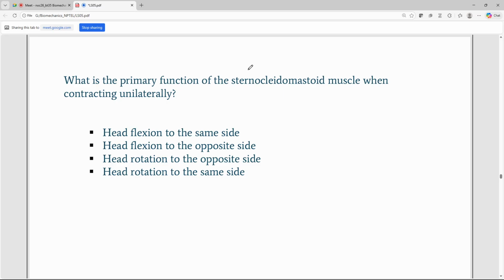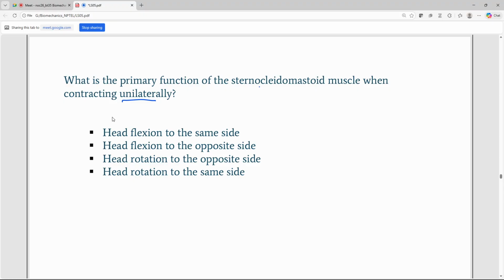Next question. What is the primary function of sternocleidomastoid muscle when contracting unilaterally? So this is a specific question. This also we have looked at in the last class, sternocleidomastoid muscles. Remember where it is located. Options are: first option, head flexion to the same side.